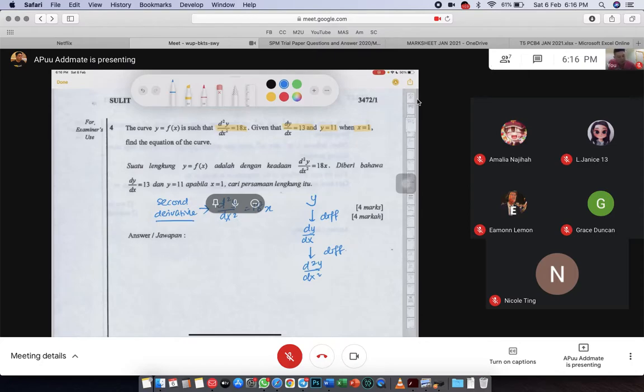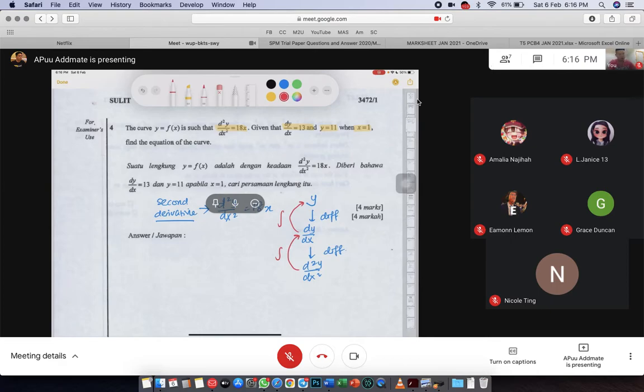Tetapi kan, kalau kita terbalikkan proses dia, from d square y over dx square, nak patah balik jadi dy dx, so means you have to integrate. Macam tu. Dan dy dx nak patah balik jadi y, you have to integrate. So that is the concept that you must hold, alright, untuk soalan ini. Dia actually dah tak susah. Cuma kalau konsep ini tak strong, the differentiation and also the integration tak strong, then this question is not really that easy for you lah.